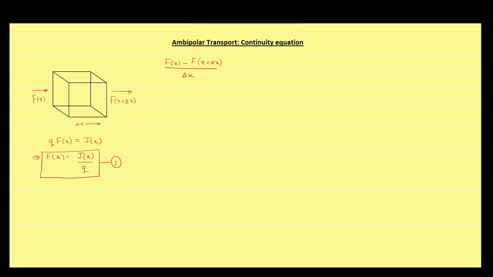If we have to include the generation rate and recombination rate, then for the rate of buildup of holes in the elementary volume, we can write the following. Here, for the expression for the net rate of holes building up inside a semiconductor, we have three terms.